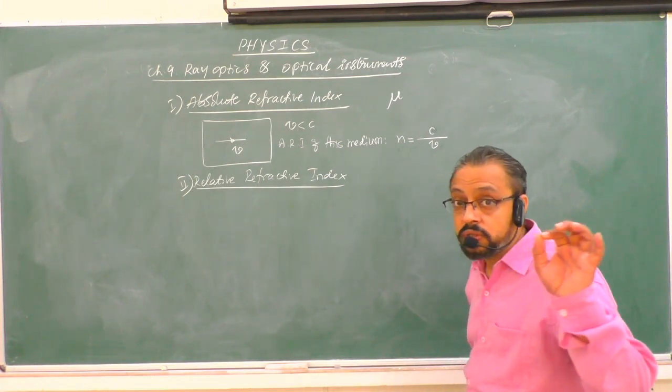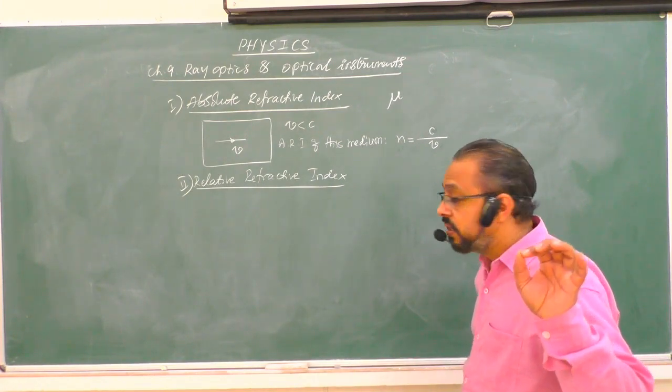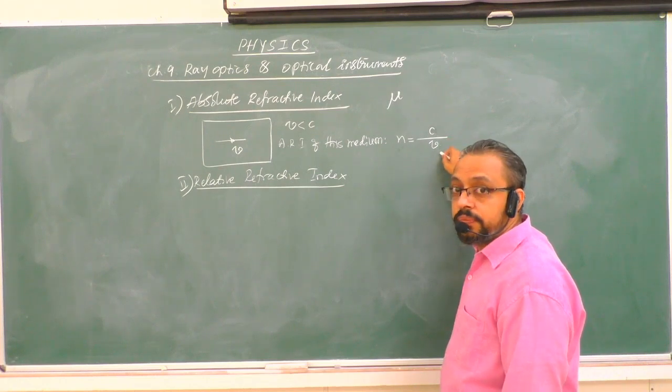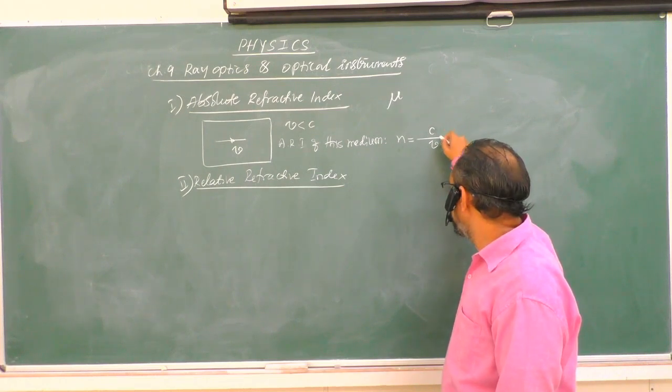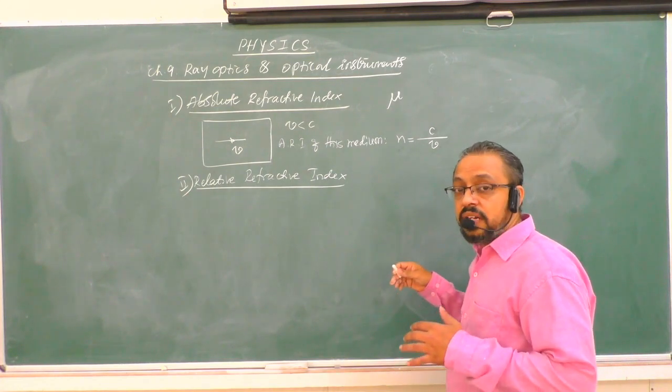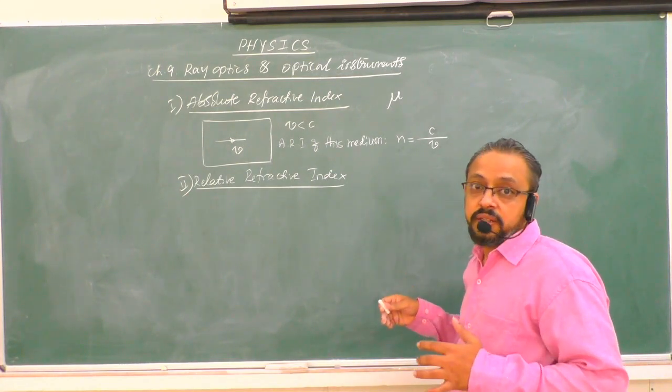Now look about one factor. This c or this v are speeds, means they are same quantity.